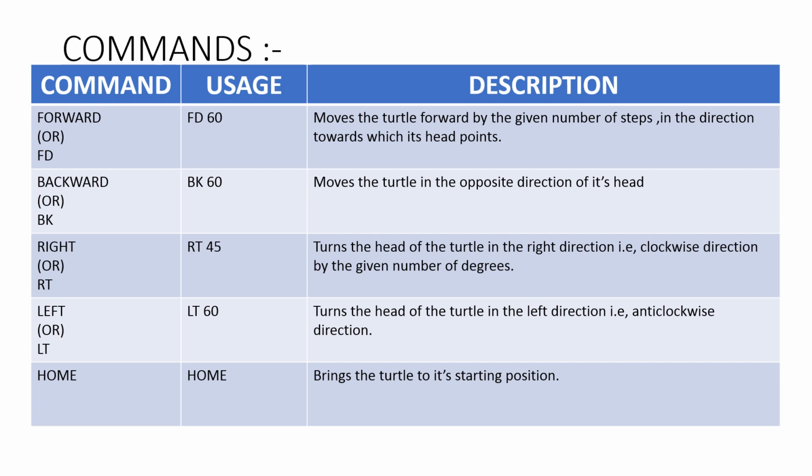Now, if you want to move your turtle backward by 60 steps, how you will mention that in Logo language? You will mention it by BK 60. Okay, backward is written as BK in Logo language, and forward is written as FD in Logo language. Okay, to make it a bit easier, these short forms are used. You just need to remember the short forms.